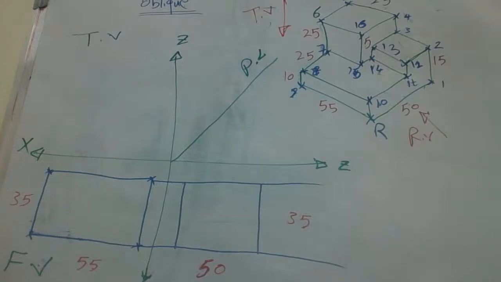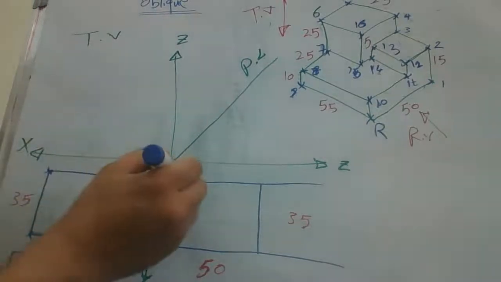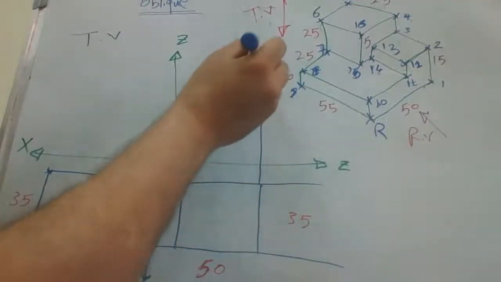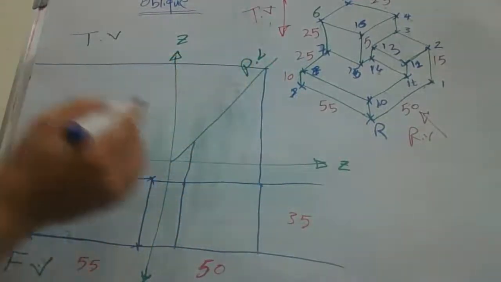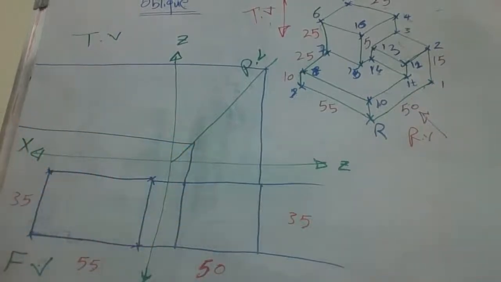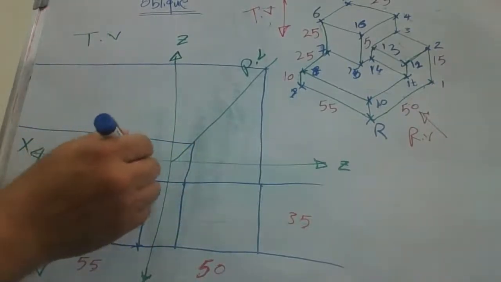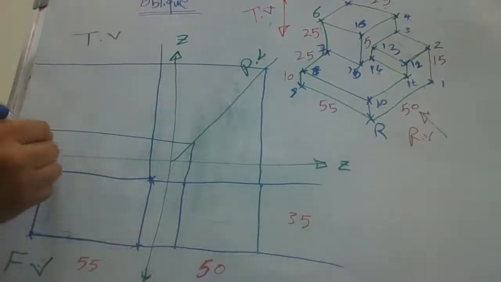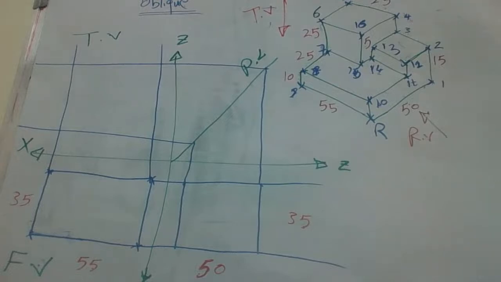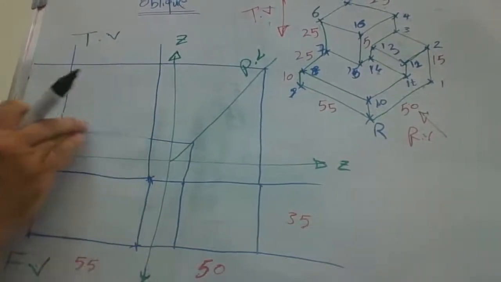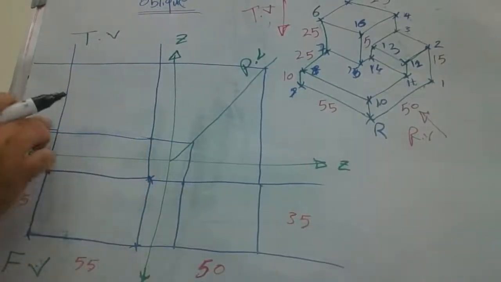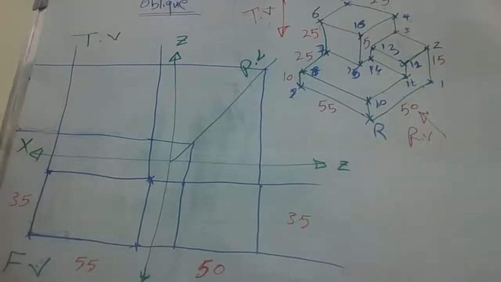Now take the projection of the right view and the top view, and the projection from front view to the top view. See here, this is the projection.